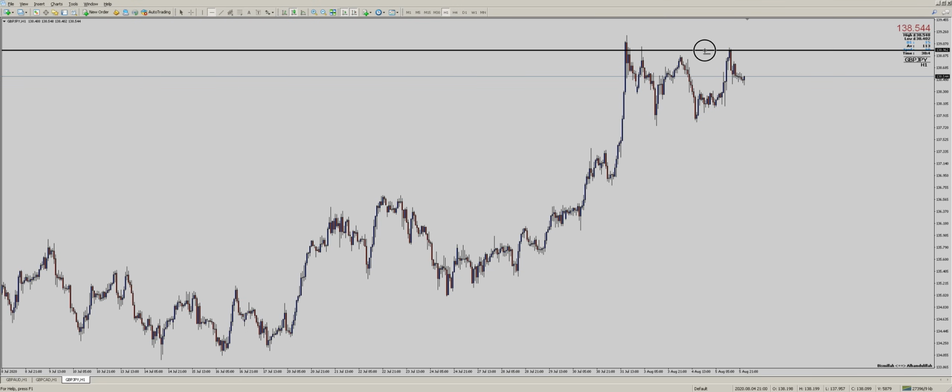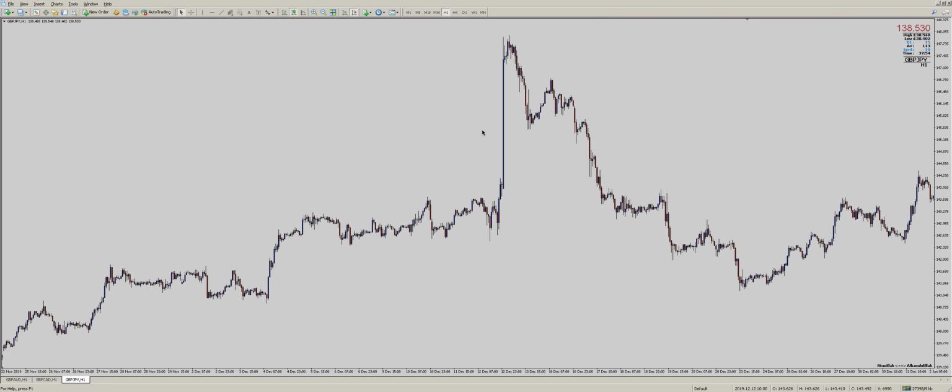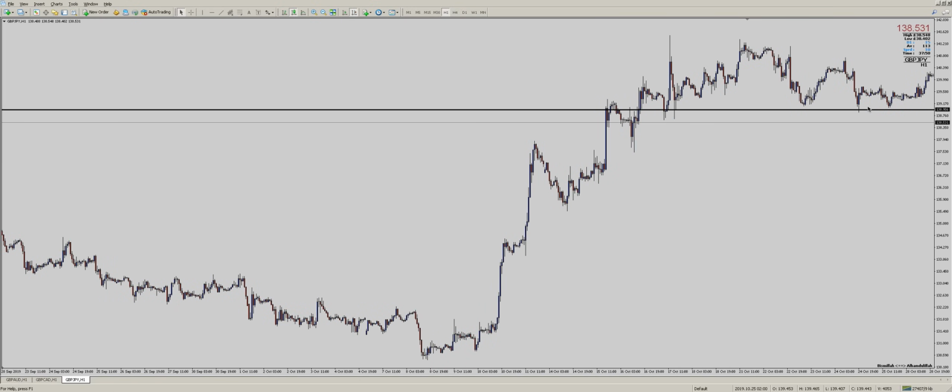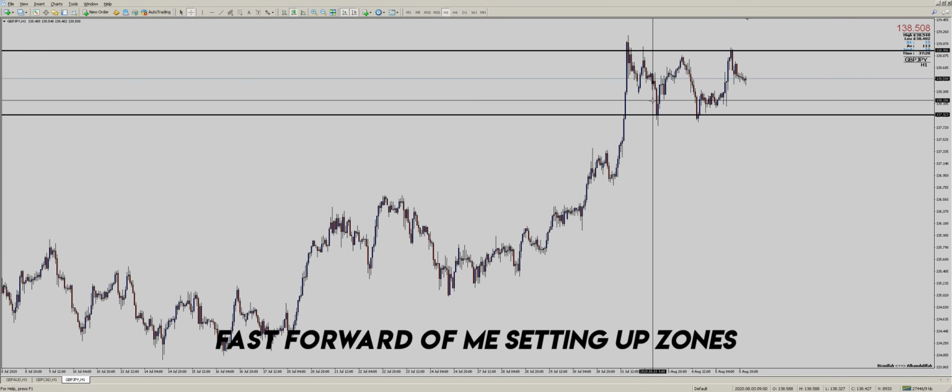So straight away, this zone pops out. Let's look to the past. So resistance, support, resistance. So yeah, it's an okay level.